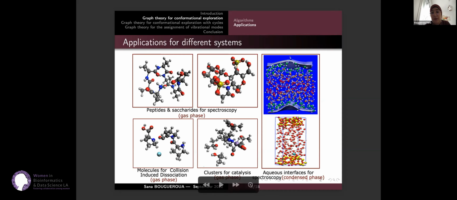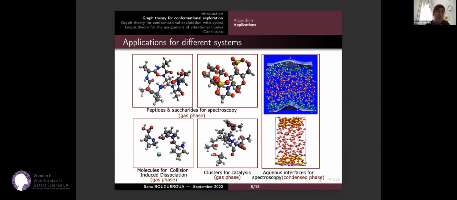So we have also applied our algorithm to more complex systems, especially condensed matter. Here we have tested the liquid-liquid interface and the liquid-solid interface, and we have got interesting results, especially for the organization of water molecules in those interfaces.